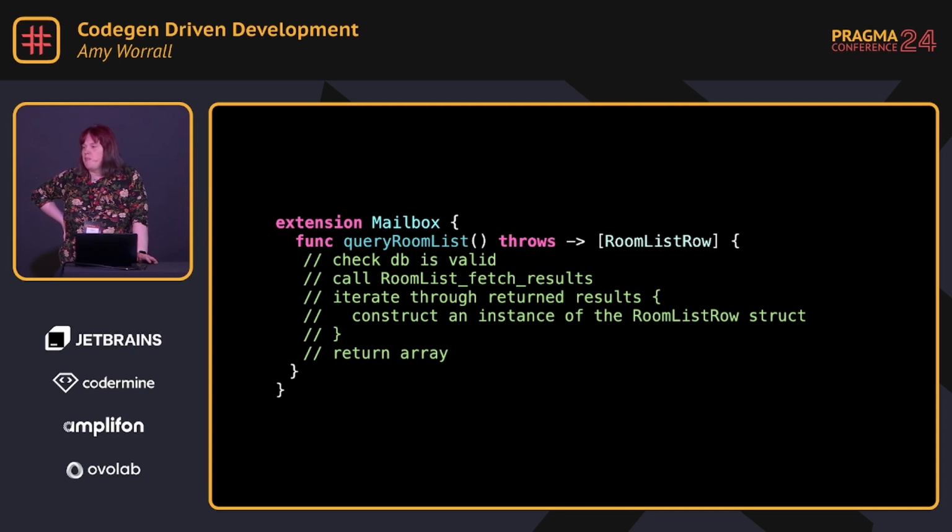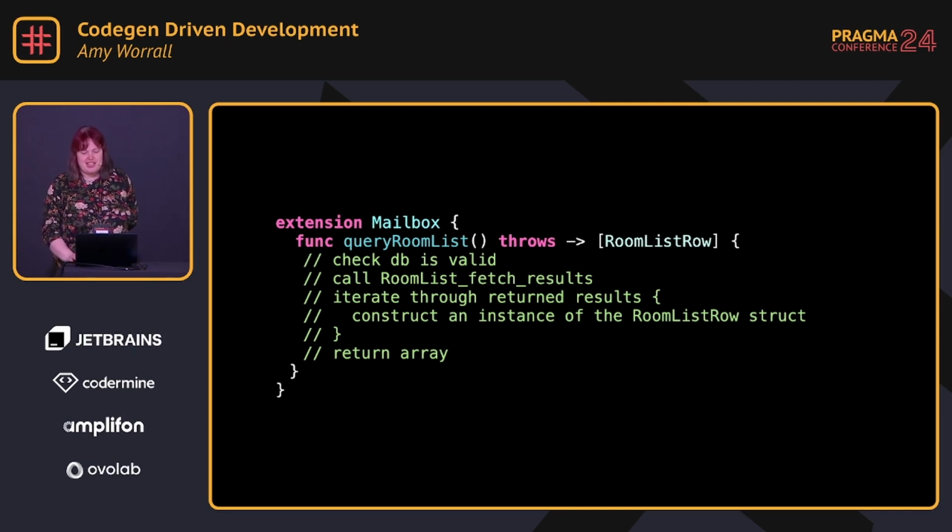We're in an extension on Mailbox, so database will be self.db. We have to check that's valid. We'd call this room list fetch results. That's the thing that CG-SQL's compiler will output. And then we want to iterate through the returned results and construct one of our Swift structs for each row. And then we want to return that. So it's all pretty simple. This is how we would wrap that C API into something which offers a Swifty API.